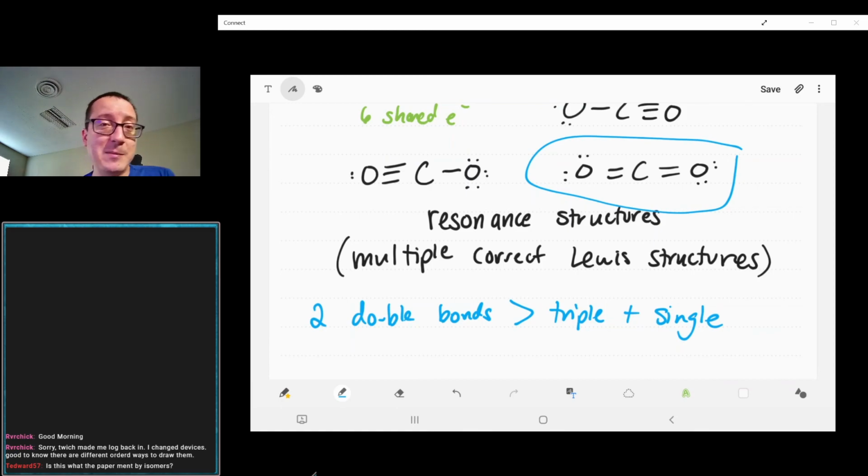You would not be expected to know that, except now that I've told you, now you need to know it. We'll see in another example more resonance structures where, in fact, all of them will be equal to each other, where there's not going to be one that's better than the others.